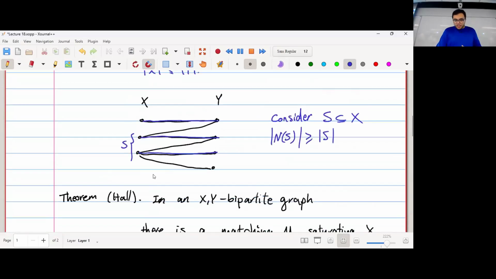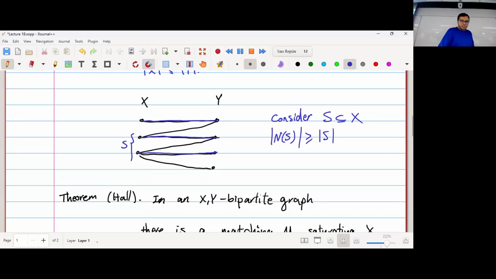Okay. If you were to choose a matching, which matching would you choose here? It makes sense to just look at the maximum matching, right? Because we're talking about a bipartite graph. So the size of my maximum matching is going to be at most the size of X. My matching cannot have more edges than the number of vertices in X. So if I'm saying that I want to find a matching that covers all of X, I want to find the maximum matching, right?